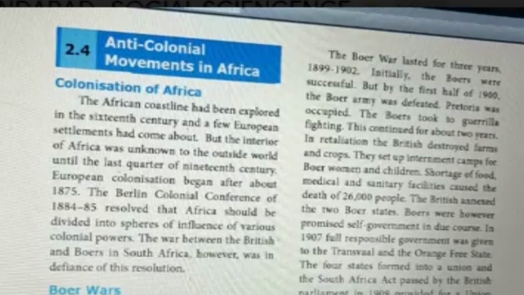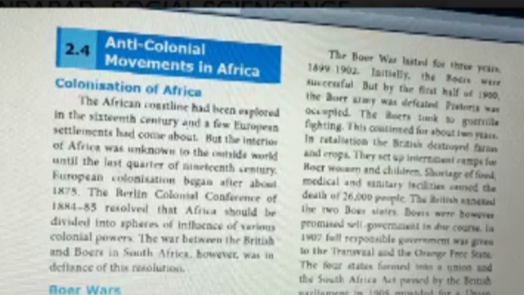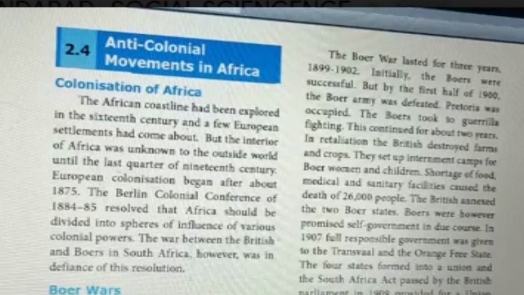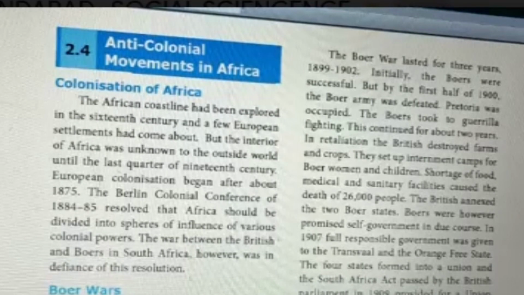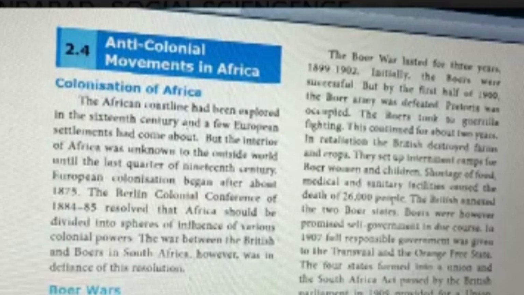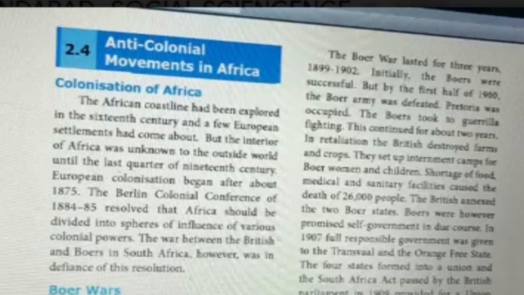But until the first half of the 19th century, Africa was not discovered for its interior wealth and natural resources. They thought Africa was dry land, but during the last half of the 19th century, Europeans especially settled there.